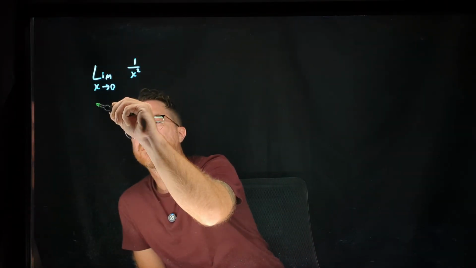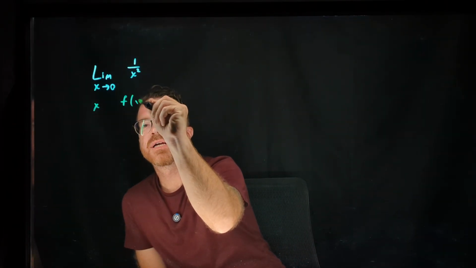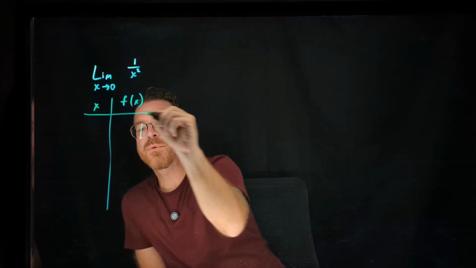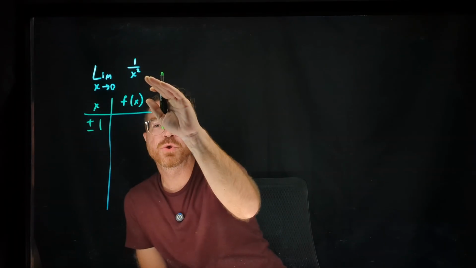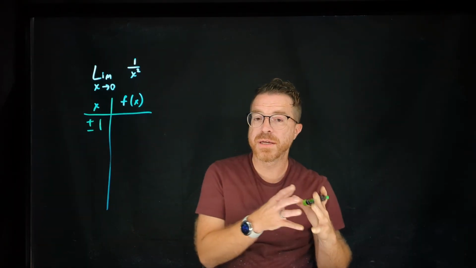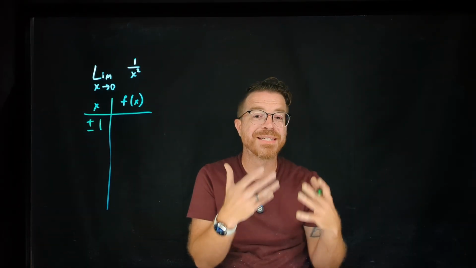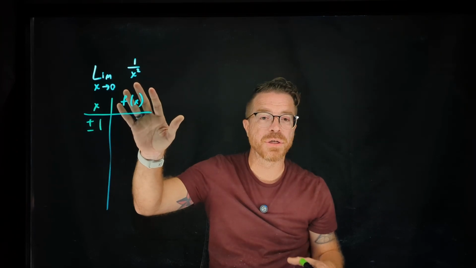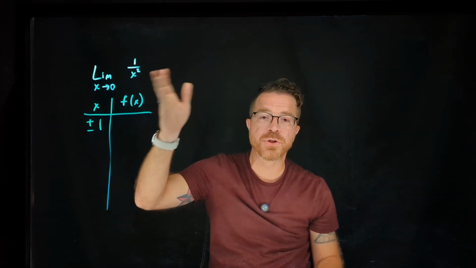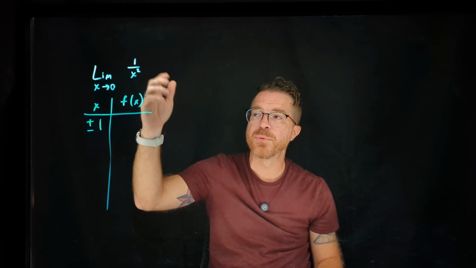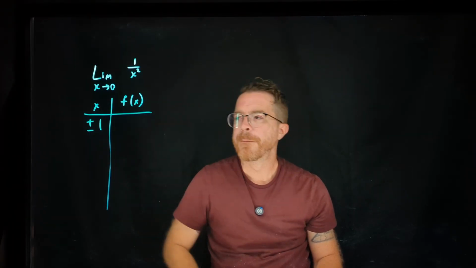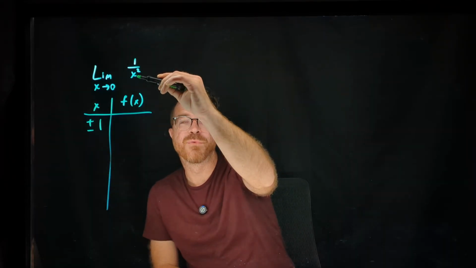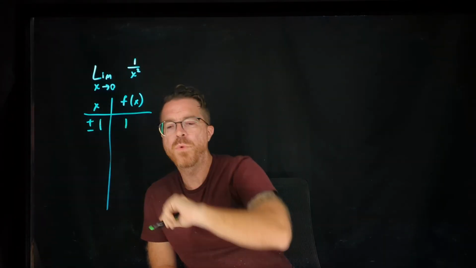Well, in this case, we have our x, we have our f of x. If I were to plug in plus or minus 1, because it's squared, no matter what value I plug in for the negative or the positive, it's going to have the same outcome because this is an even function. If I plug in 2, it'd be 1 over 2 squared. If I plug in negative 2, it'd be 1 over negative 2 squared, which would still both be 1 over 4. So if I plug in 1 or negative 1 into this, I end up getting 1.